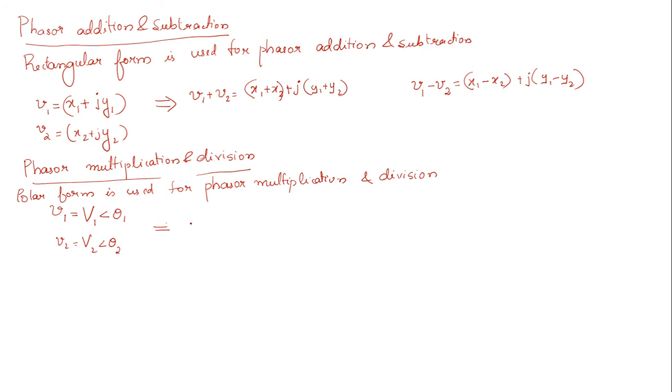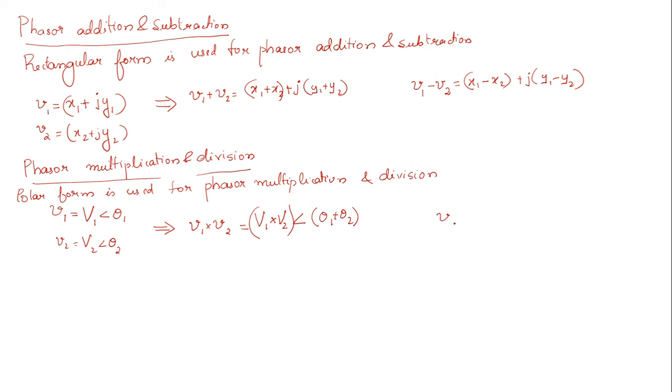Now we can multiply them, V1 into V2, which will give you the result V1 into V2, that means the magnitudes are multiplied and the angles are added, theta 1 plus theta 2. So your answer will look like this.